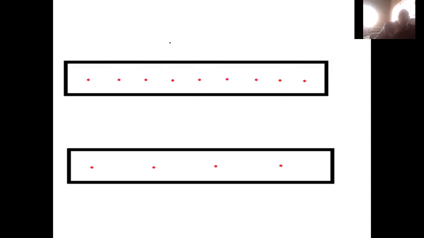So here is strip A. If we are to calculate the time interval between the first tick and the last tick, we need to know the number of ticks. Tick 1, 2, 3, 4, 5, 6, 7, 8. And therefore, for A, we have 8 ticks.